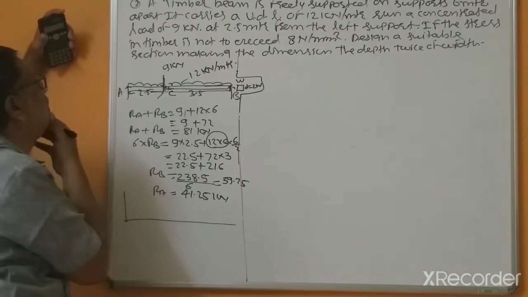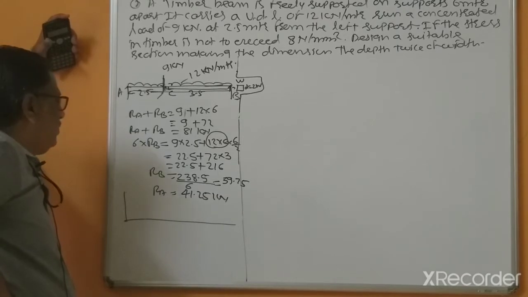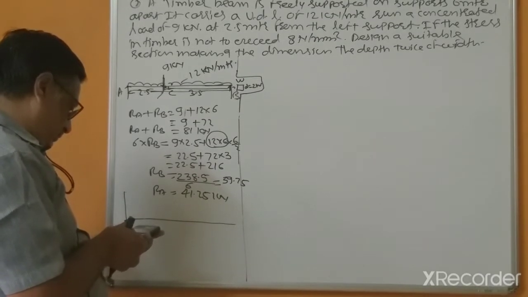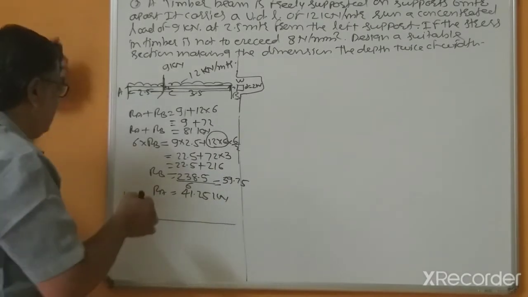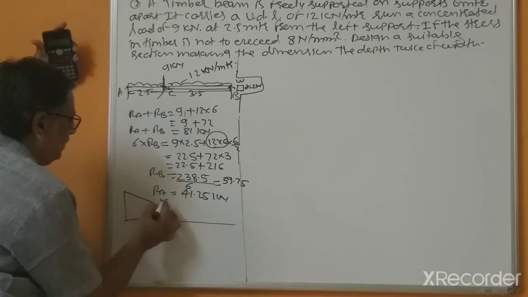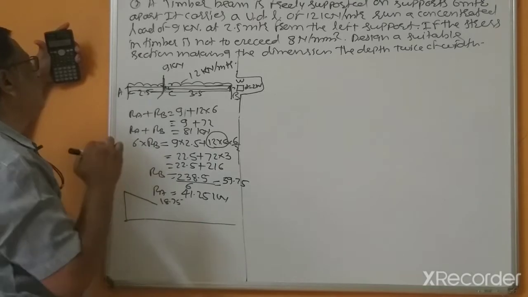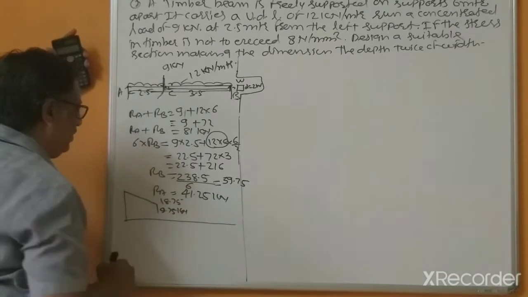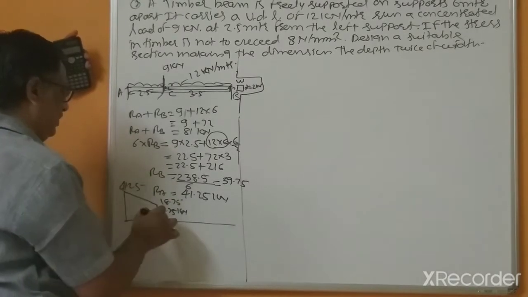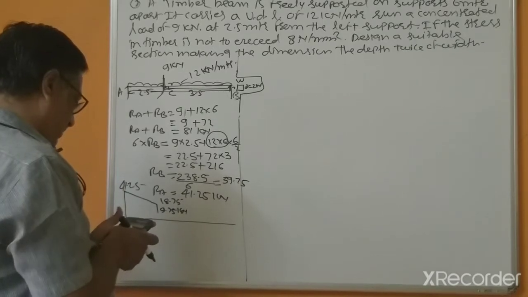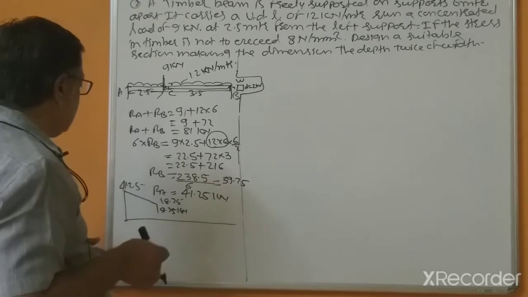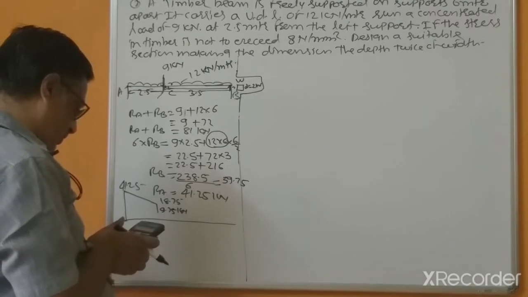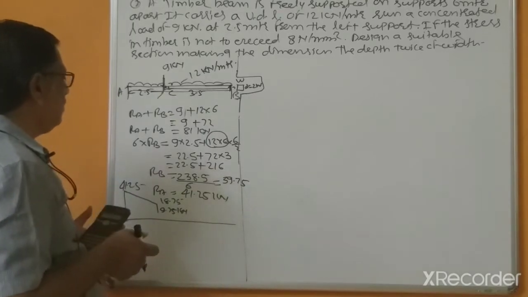Now 12 into 2.5 is 30, 41.25 minus that gives 18.75 at C. After that 9 kilonewtons downward, so this is 9.75 kilonewton. Then 9.75 minus 12 into 3.5.